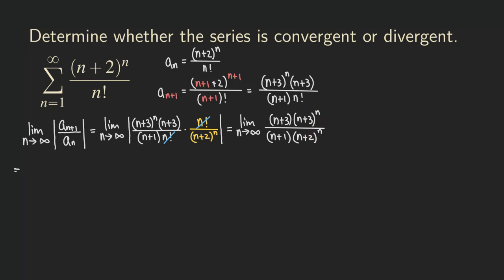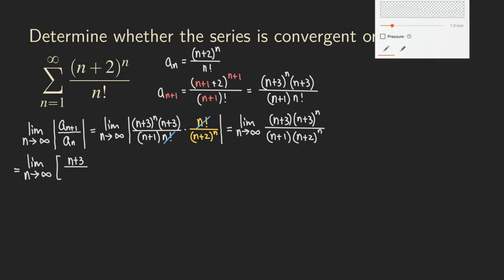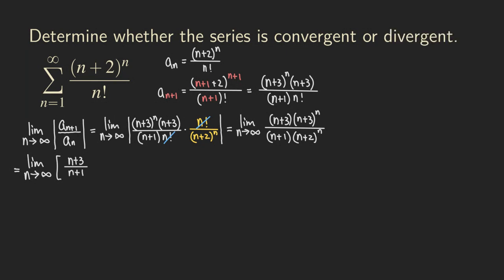So we get n plus 3 over n plus 1 times, and now I'm going to put those two factors under the same exponent, n plus 3 over n plus 2, all raised to the n power. So now we have a product.